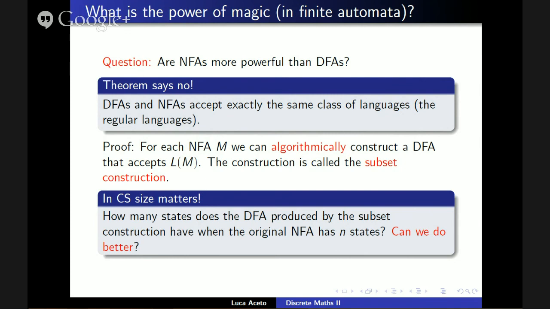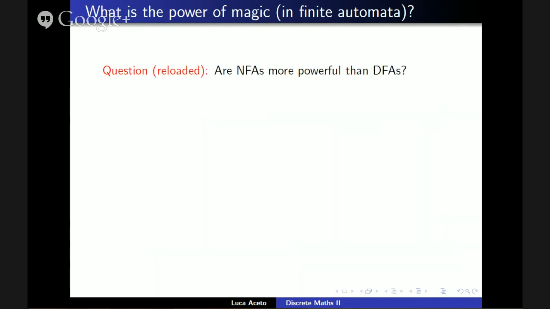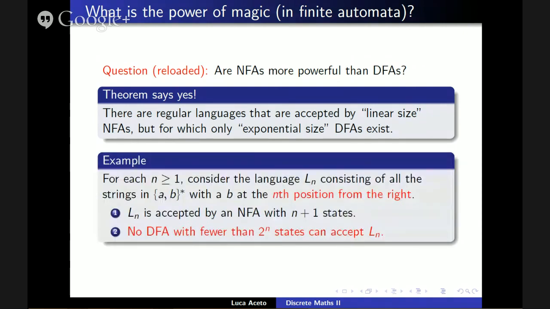And you know, one of the hard examples for the compiler is something that we've already seen. It's this language that asks for all the strings which have a B at some position from the right.